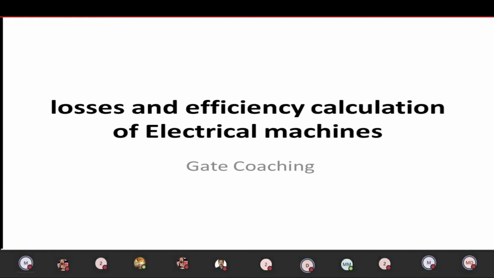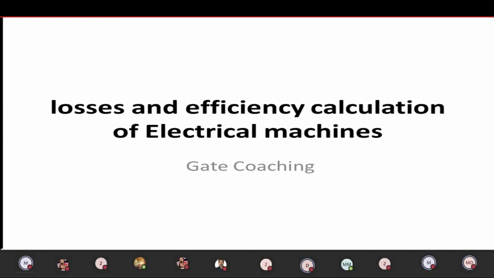The constant loss is mainly iron loss. If it is a transformer or an electrical rotating machine like an induction motor or DC machine, we have a constant loss in the iron loss. So iron loss is a constant loss.